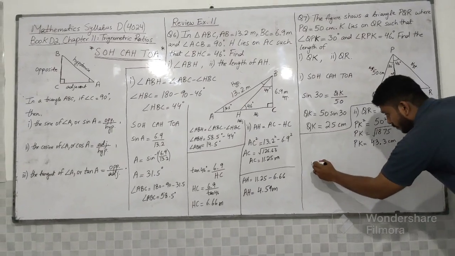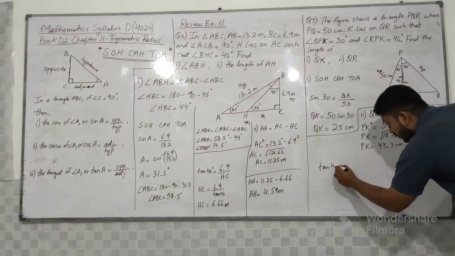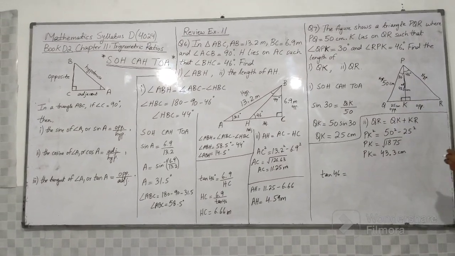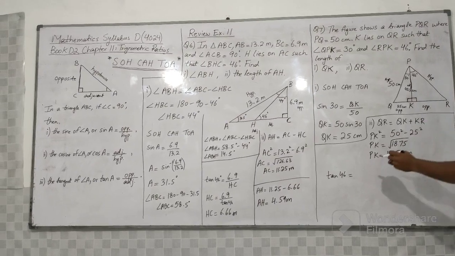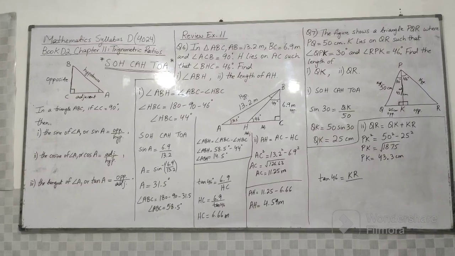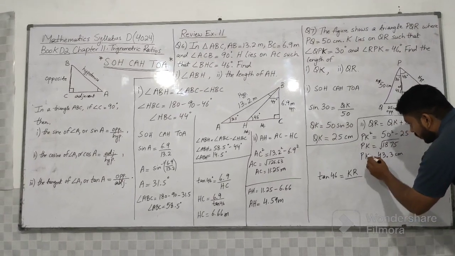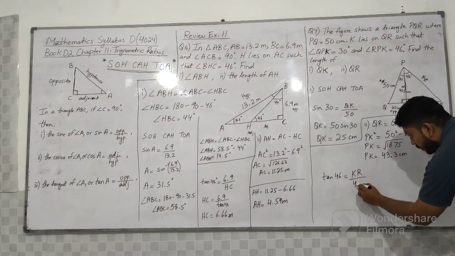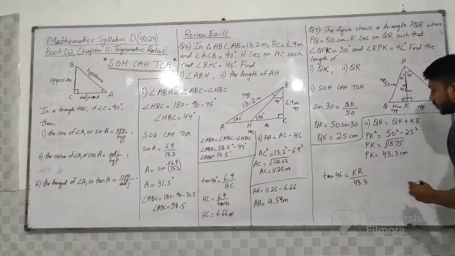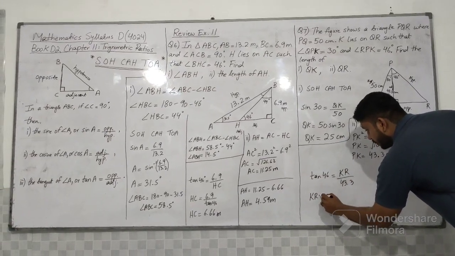So tan of the given angle 46 equals opposite KR over adjacent, which is 43.3, the length of PK. So these two will be multiplied together.